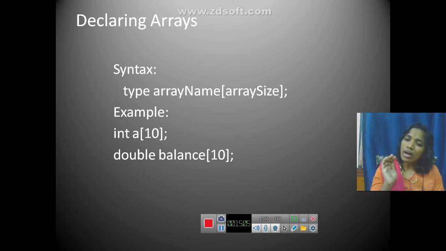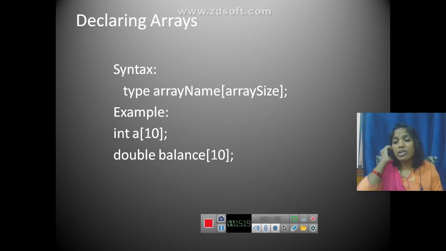Suppose it is a character array of size 10, so the compiler allocates 10 bytes of memory, because each character is stored in 1 byte.